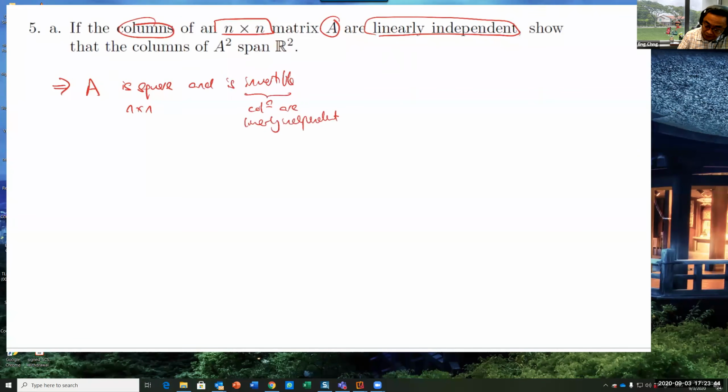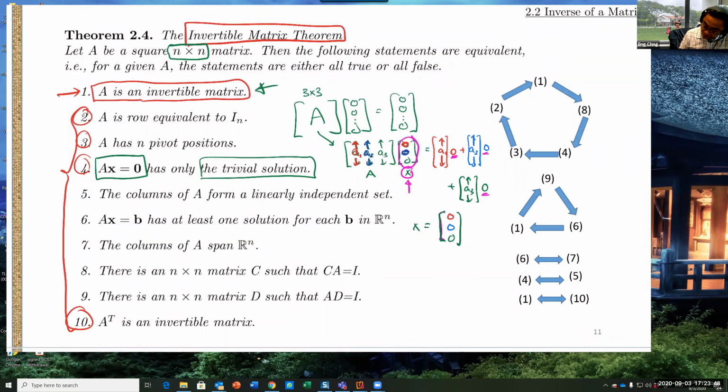Where do I know this? Number 5. The columns of A form a linearly independent set. All the columns A1, A2 up to AN are independent. What does independent columns mean?